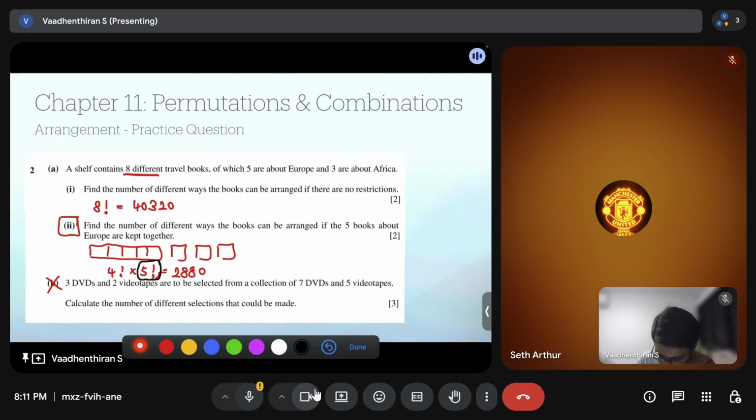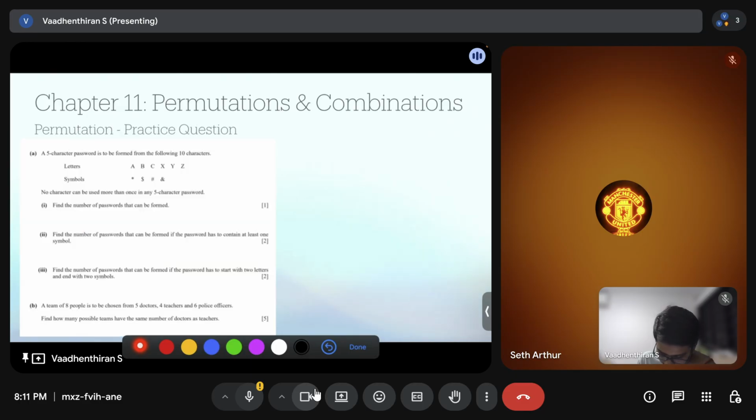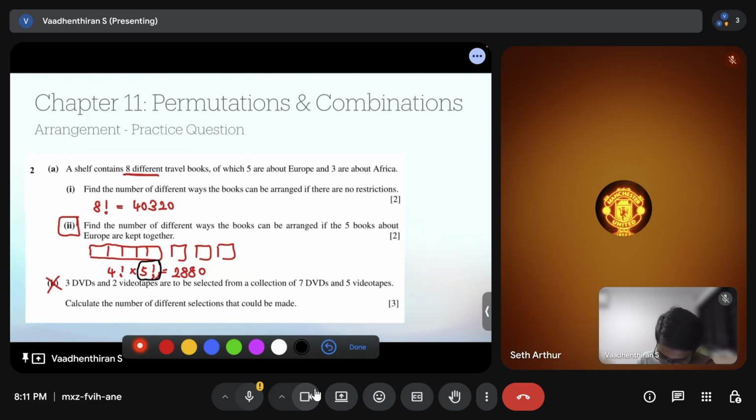Each book can be placed in five positions. And 4 factorial is because this whole set can be put here, here, here, or here. So that's why 4 factorial. Hope you understood this.